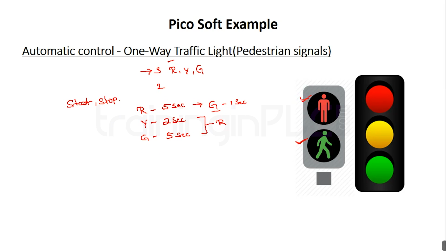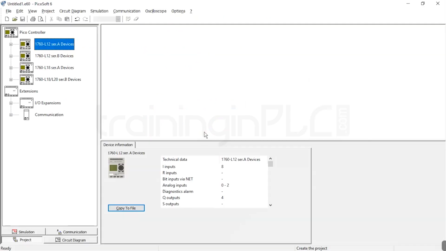So let's see this in the software. In this software, we need to select a controller which has 5 outputs, because the program in this example has 5 outputs. If you select this series, you can see the output is only 4, but we need 5 outputs.